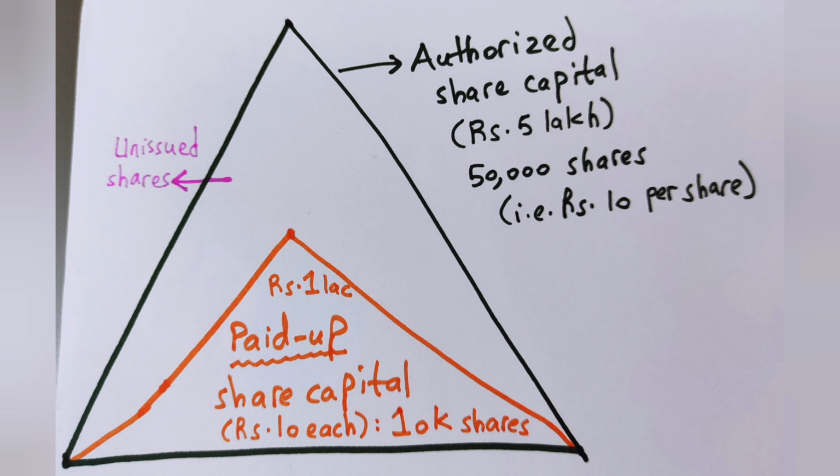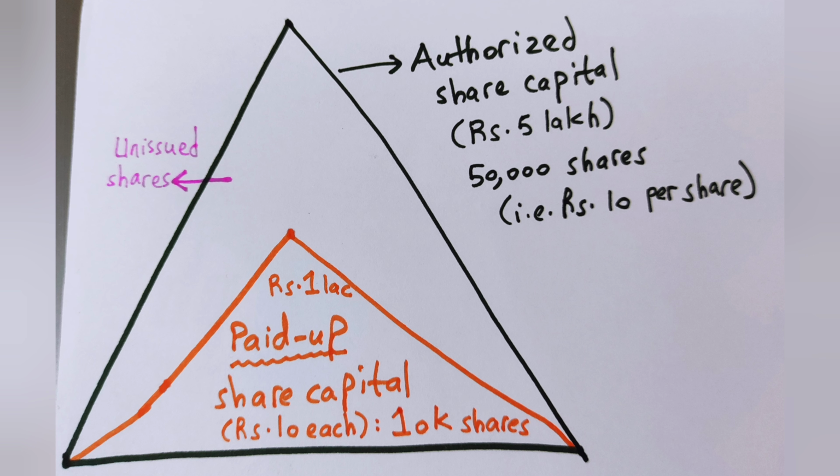Now, I'm going to explain very quickly what these triangles represent. When you initially started out, there's going to be a certain amount that you have to invest at the outset, for instance, to buy the basic machinery or to pay the rent for the location. However, just remember that paid up share capital represents the amount of shares that you are going to issue initially when you're starting out.